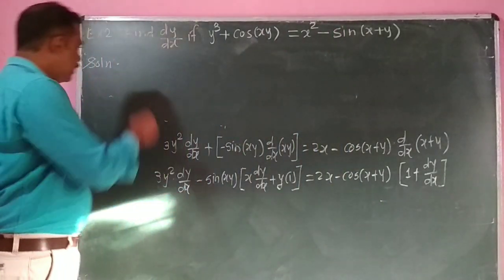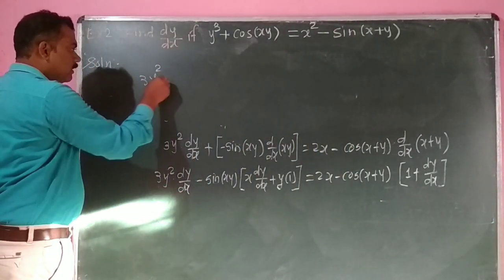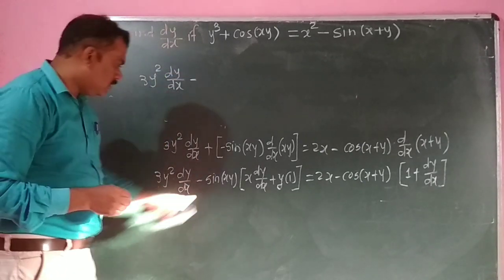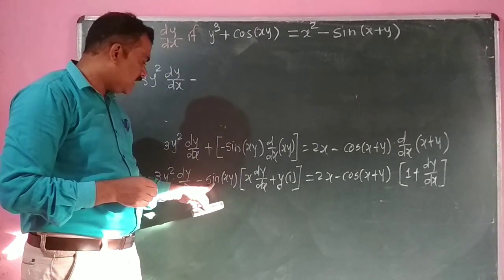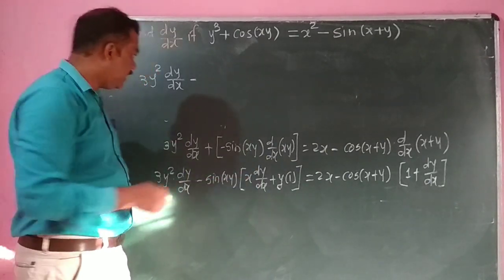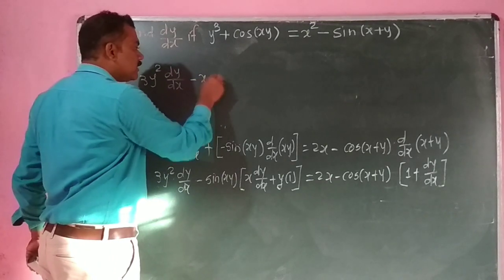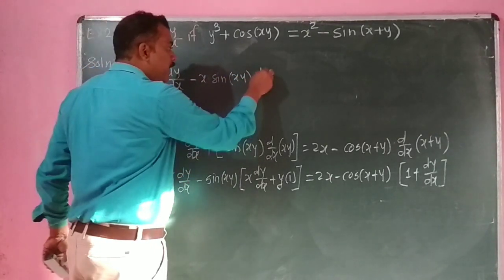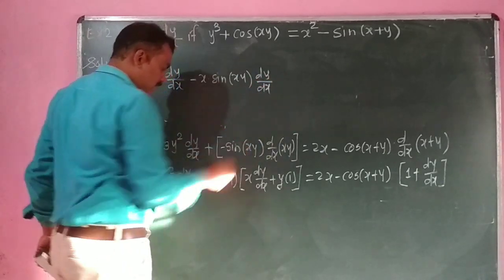So what we get is 3y square dy by dx minus, we have to multiply inside the bracket by sine of xy, minus sine of xy into x into dy by dx, that is minus x sine of xy dy by dx.